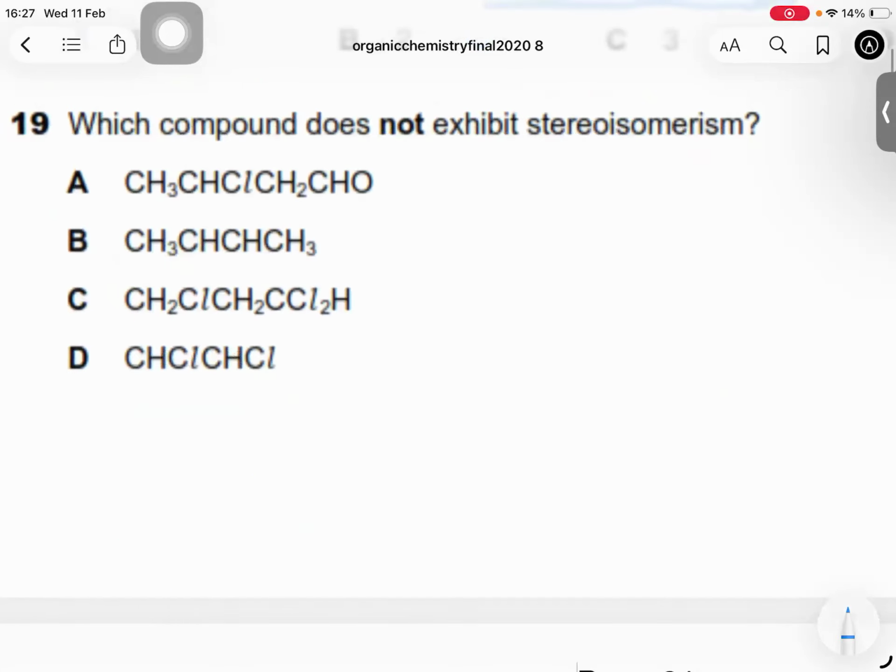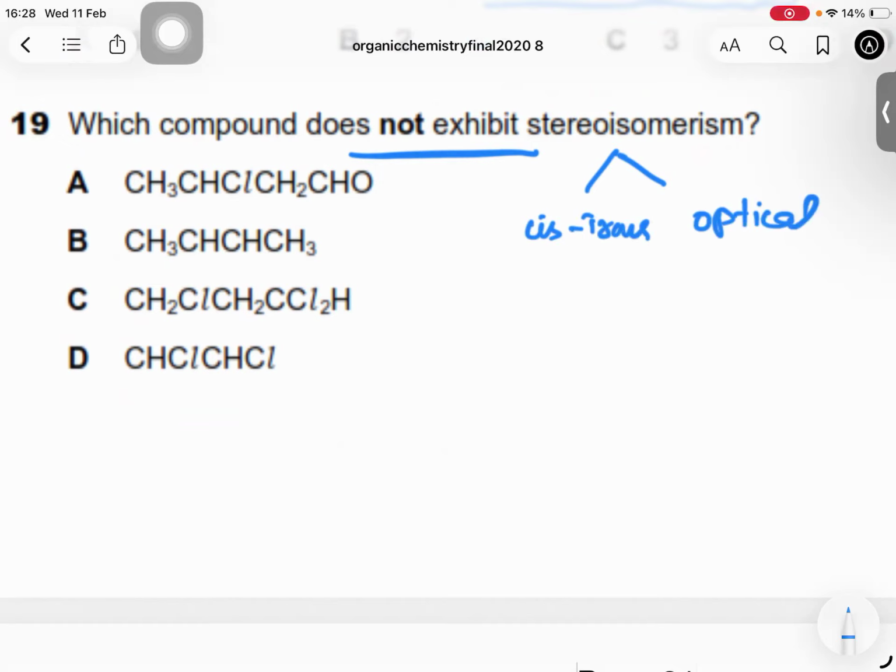Okay, which compound does not exhibit cis-trans? Does not. Sorry, my apologies. Okay, stereoisomerism may be cis-trans and optical.